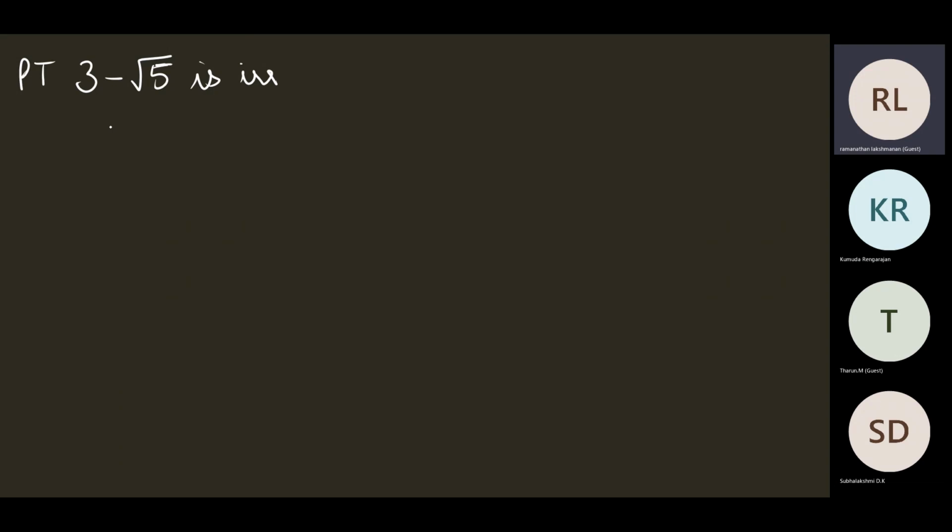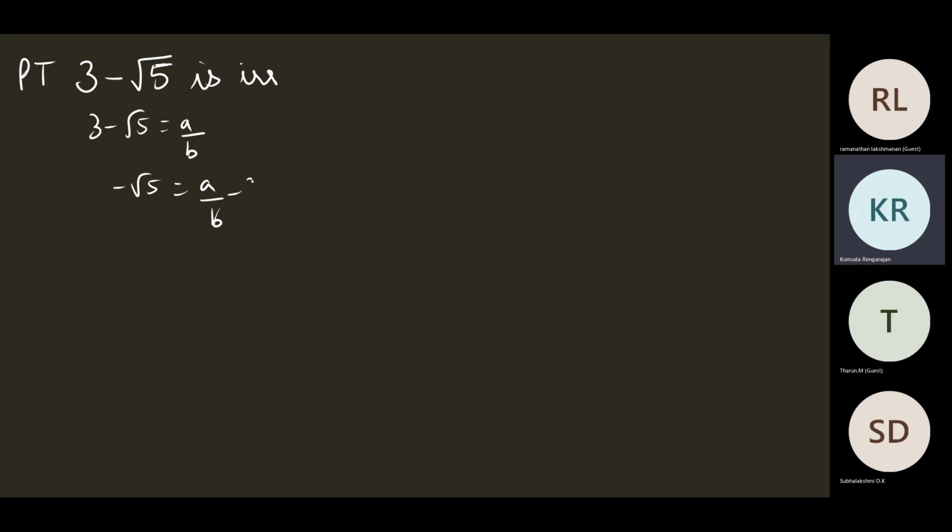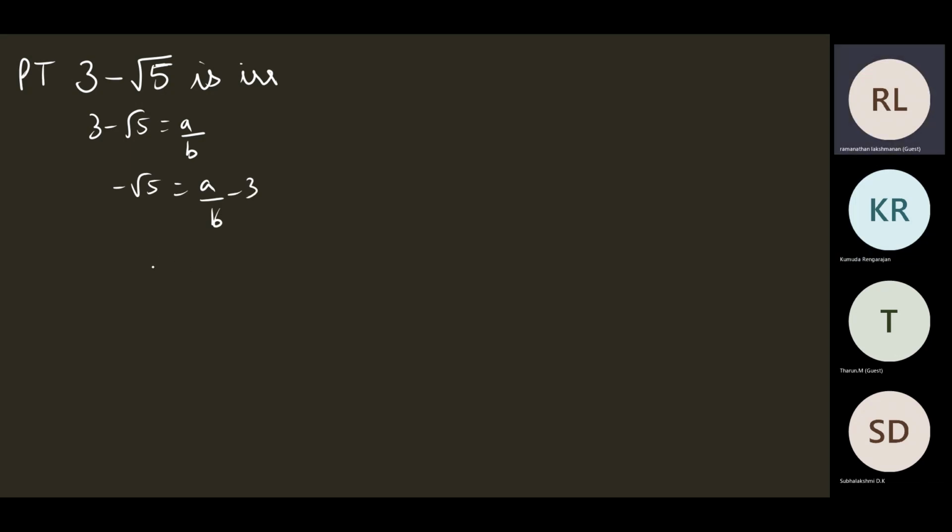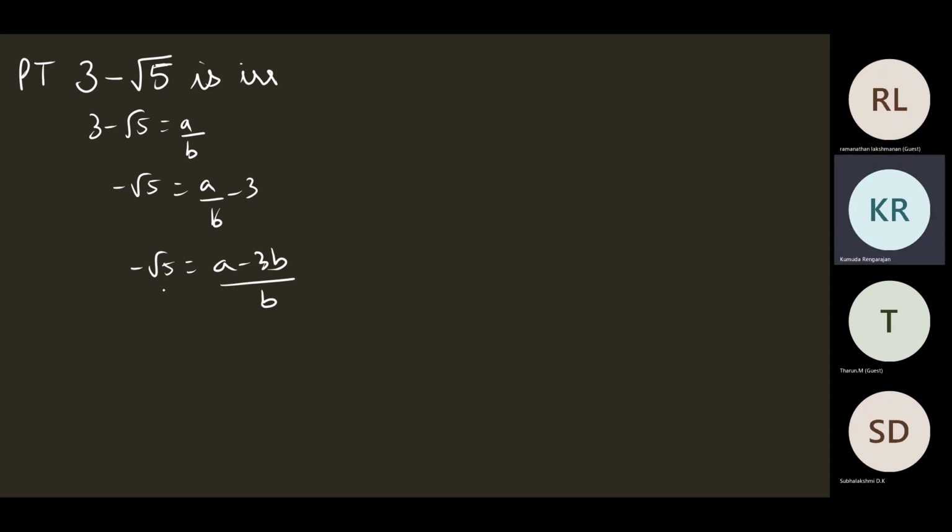3 minus root 5 is equal to a by b. And then we can consider a and b as co-primes. Then minus root 5 is equal to a by b minus 3, that is, a minus 3b by b. Then we'll multiply both the sides by the minus sign to get rid of this minus sign.